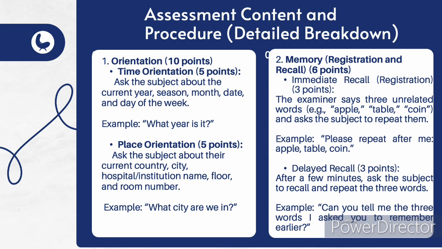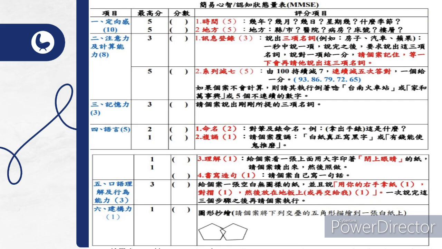The MMSE assesses 5 key cognitive domains, totaling 30 points. Let me walk you through each section. 1. Orientation, 10 points. This section assesses the subject's awareness of time and place. For example, we ask questions like, "What year is it now?" or "What city are we in?" 2.